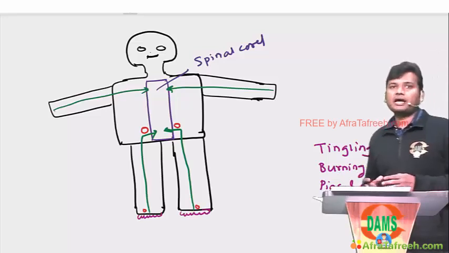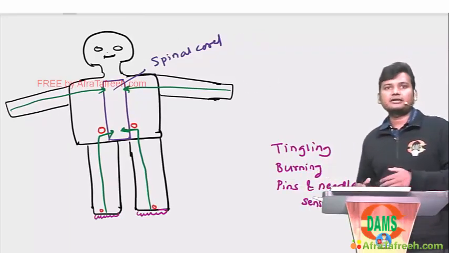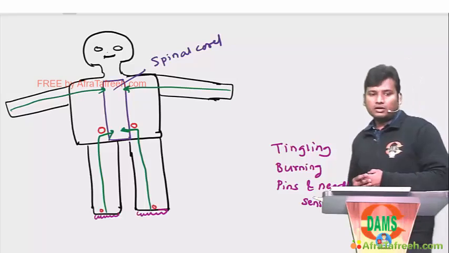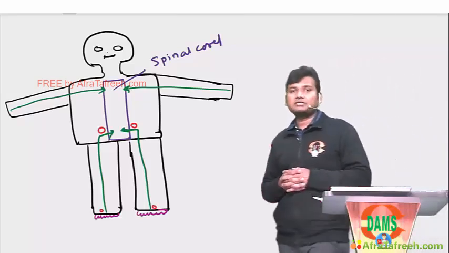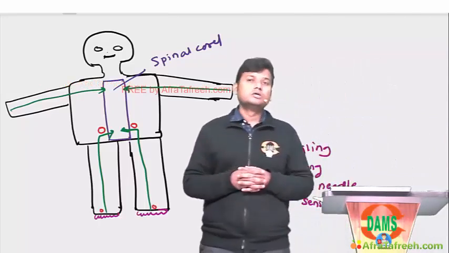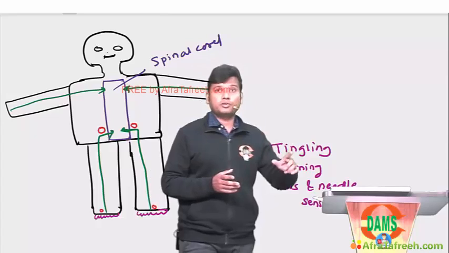The patient is having bilateral tingling, burning, pins and needles on the sole. Now, a patient with diabetes having tingling, burning, pins and needle sensation at the sole, so you will diagnose your patient as a case of diabetic neuropathy.